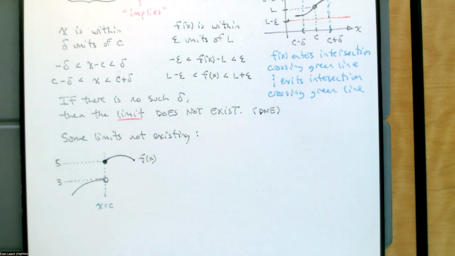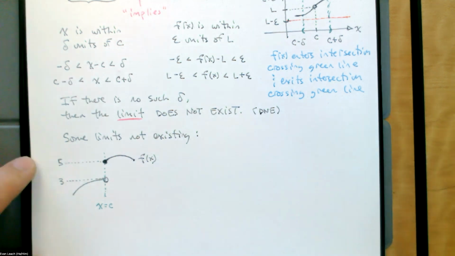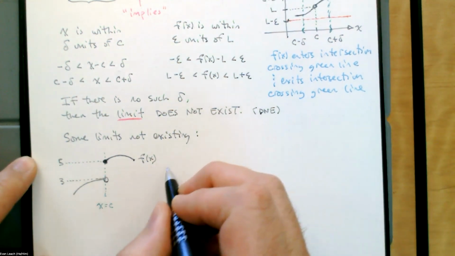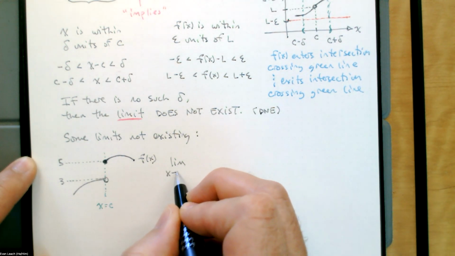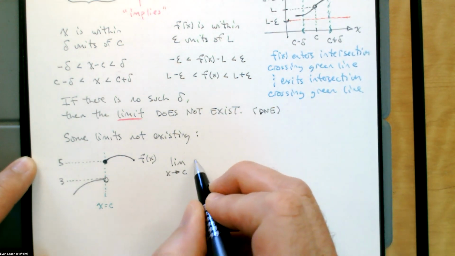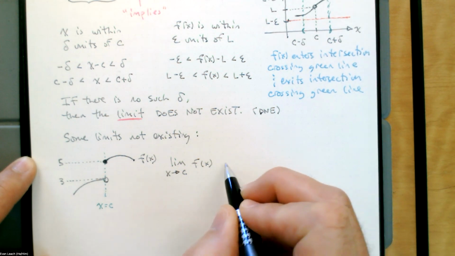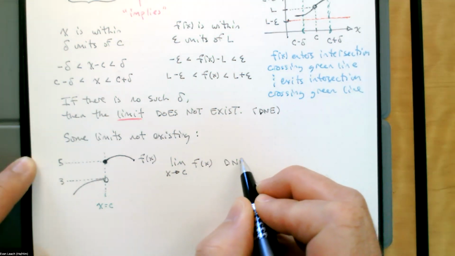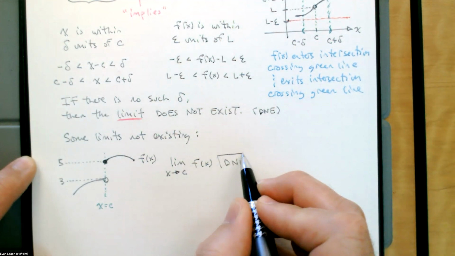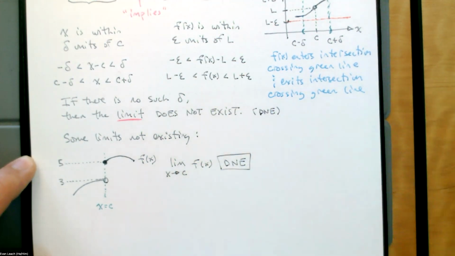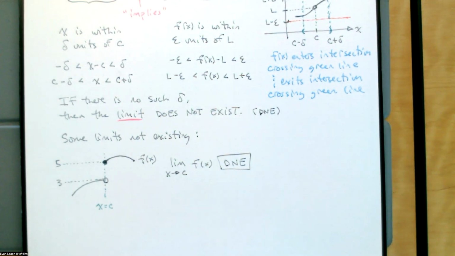So f of x is not approaching one number. So the limit, in this case, the limit as x approaches C of f of x does not exist. F of x is not approaching some value.